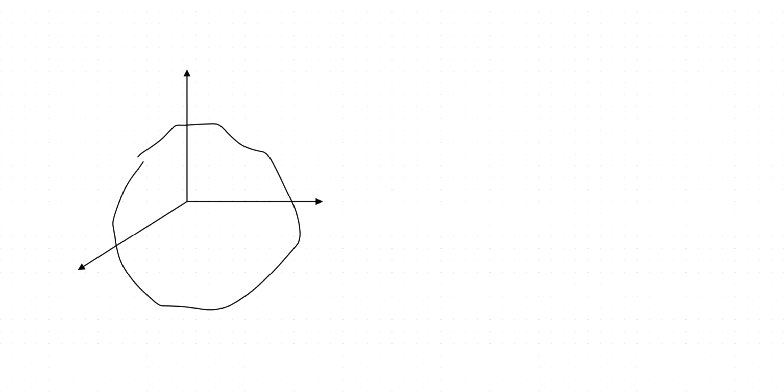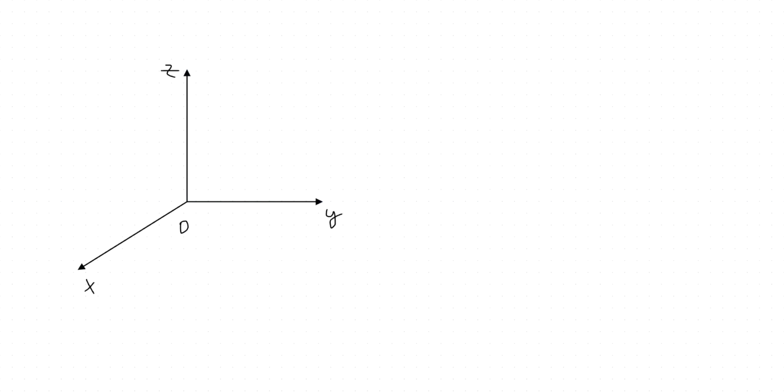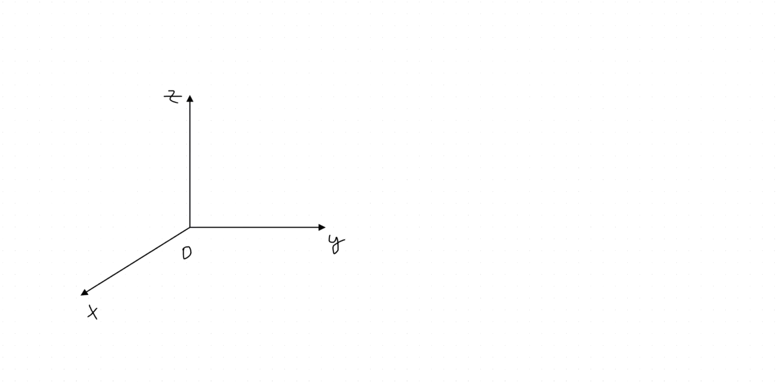It may have any form, and three axes: x, y, z. The axis of rotation is axis z, and the direction of rotation is here. This is the direction of rotation around the axis z.